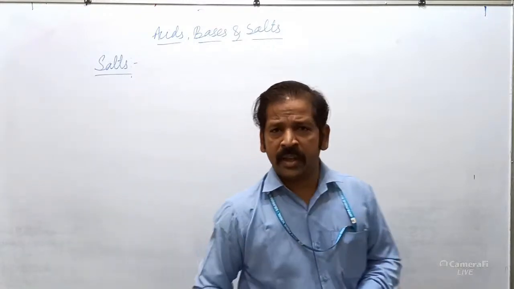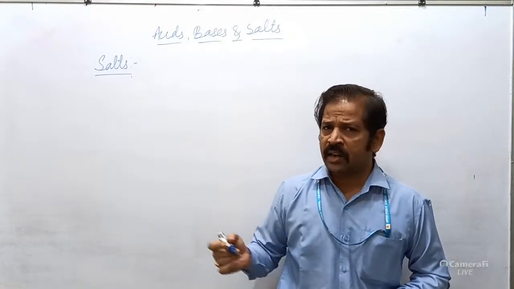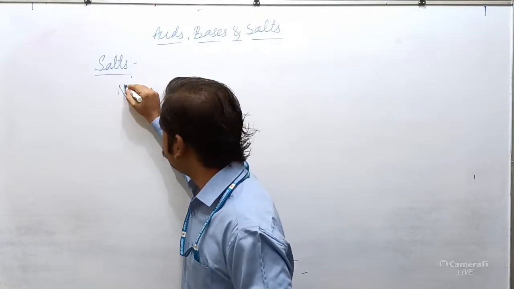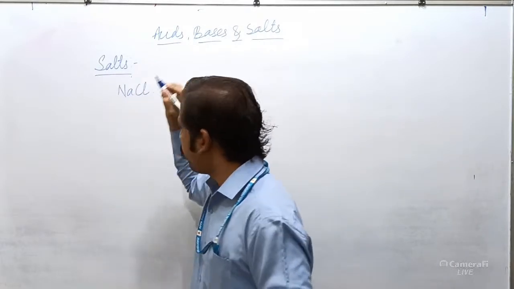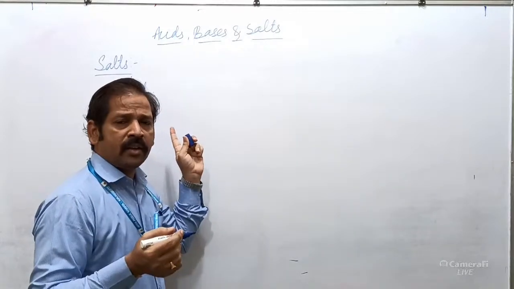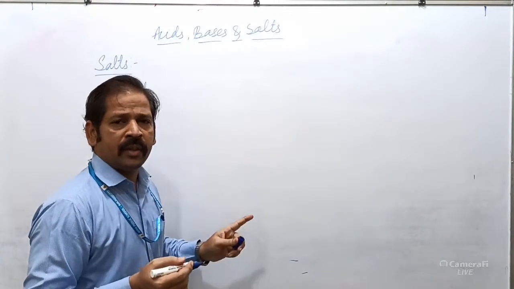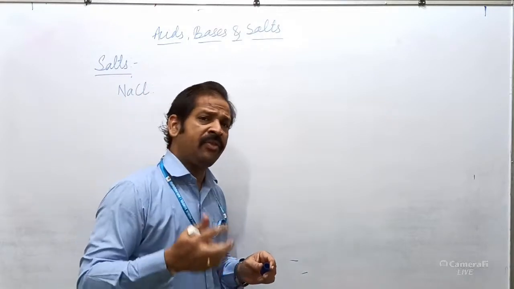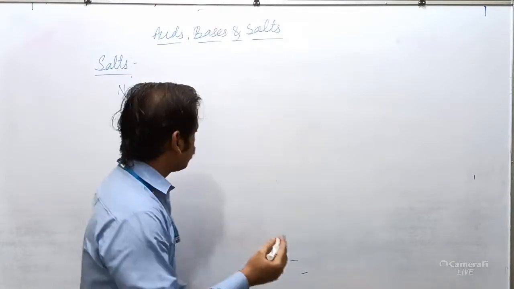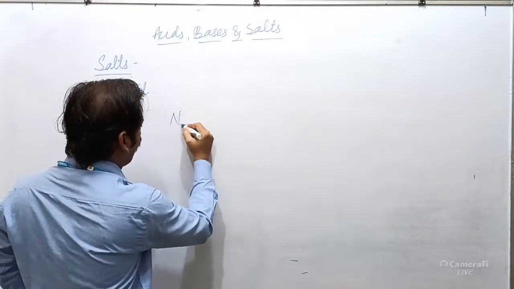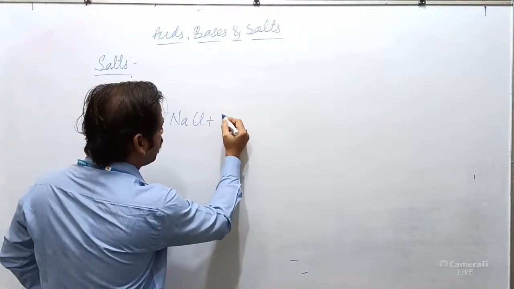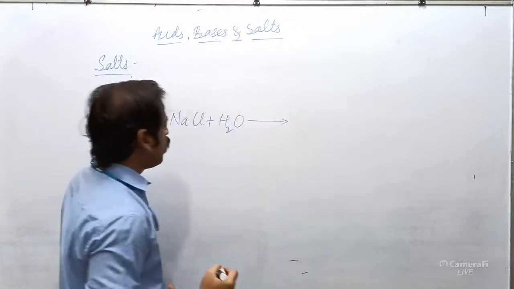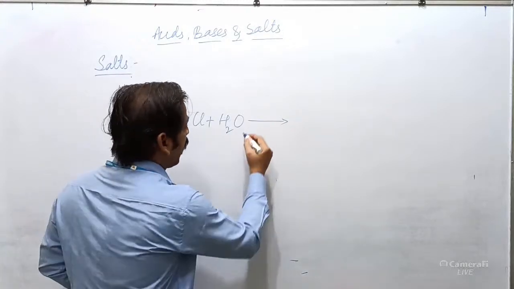Already in the earlier class we discussed sodium chloride. Sodium chloride solution will give us different chemicals. We are getting 3 byproducts. That is, sodium chloride will react with water in the presence of electric current.